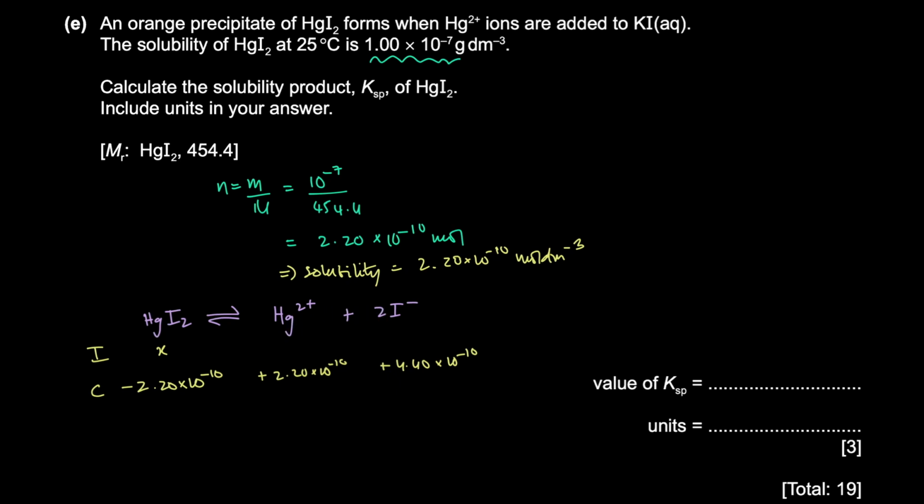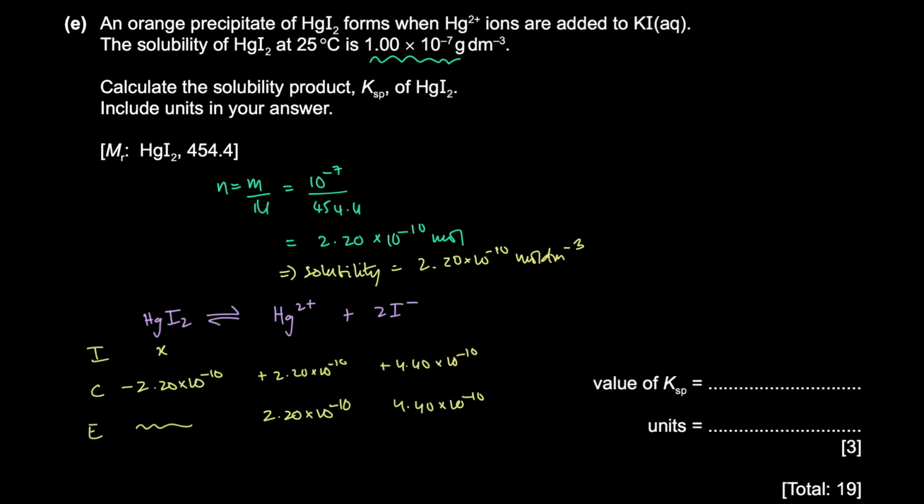So at equilibrium, we don't really care about the HgI2 concentration, that's just X minus this. But we know that these are equilibrium concentrations for mercury and iodide. At equilibrium, we have 2.20 × 10^-10 moles per decimeter cube of mercury ions, and 4.40 × 10^-10 moles per decimeter cube of iodide ions.